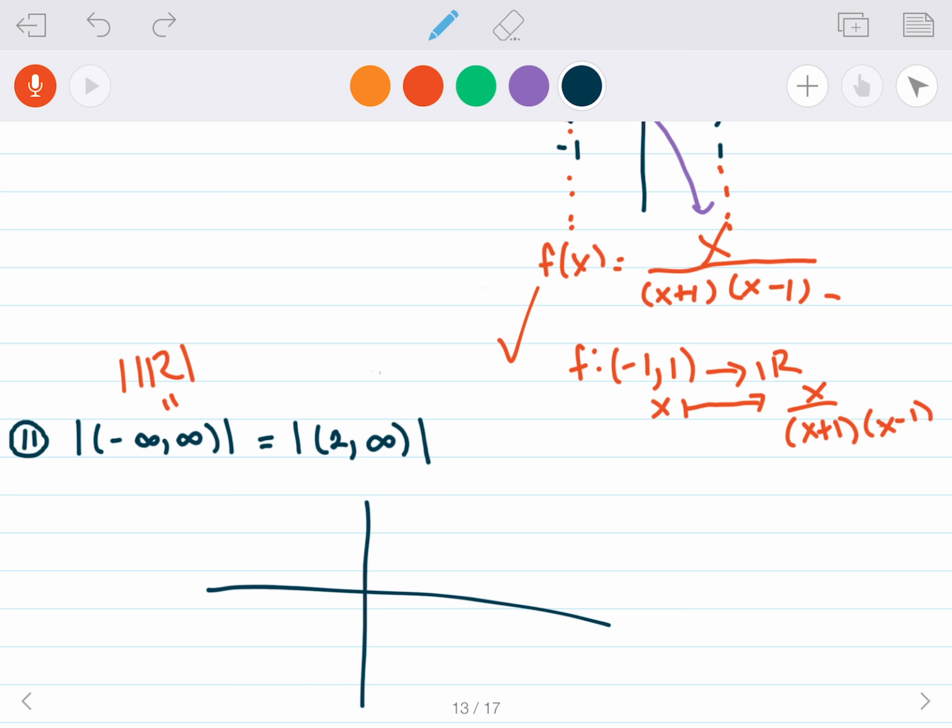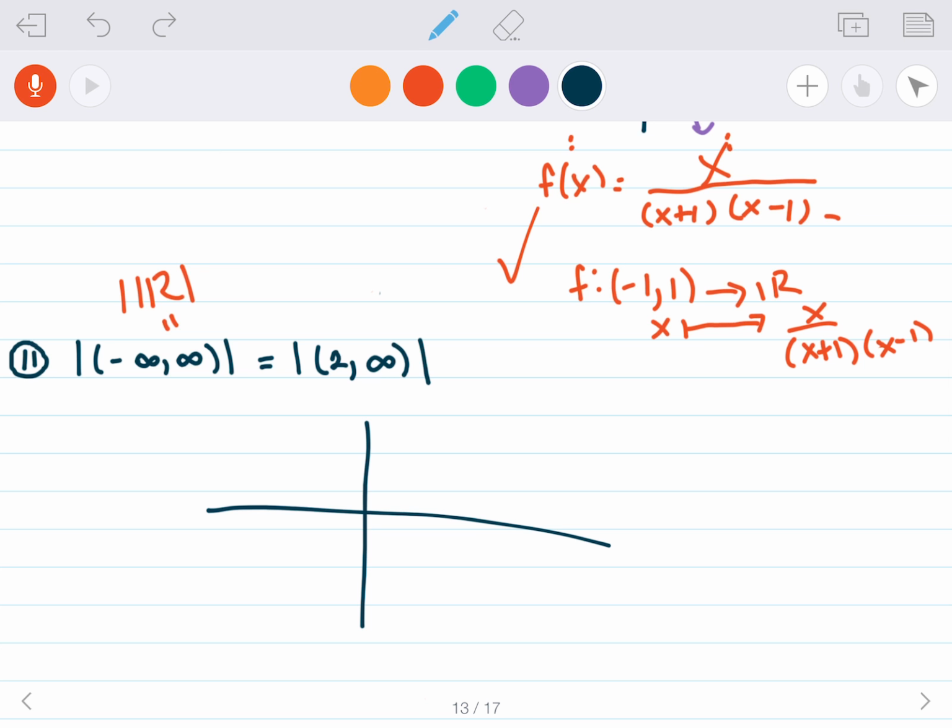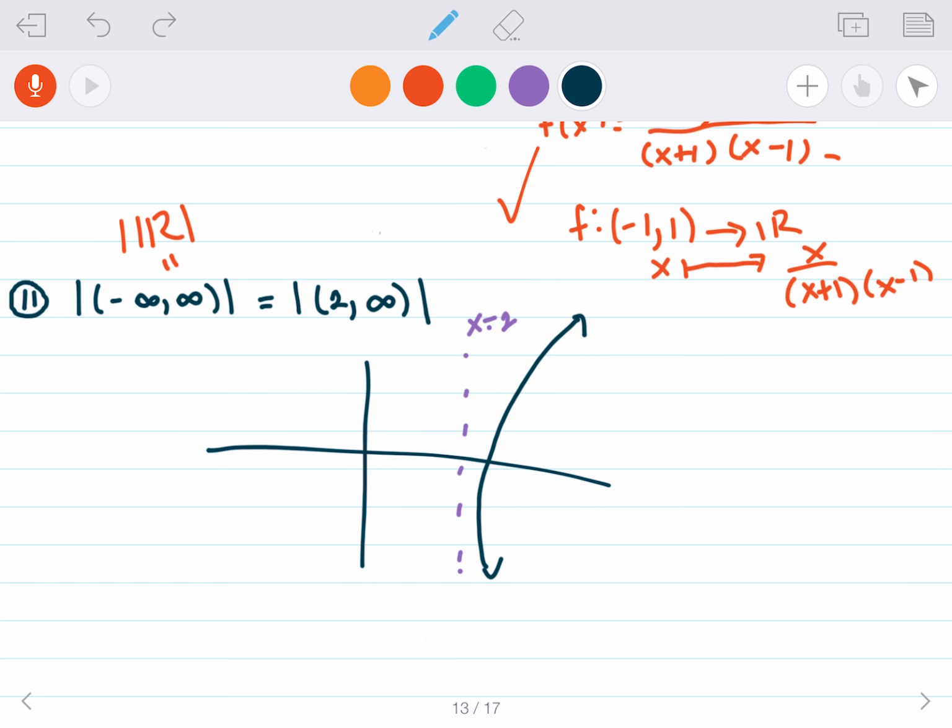So I know from college algebra that with logarithms, if this is x equals 2, then I've drawn a picture where the domain goes from 2 to infinity and the range is everything.